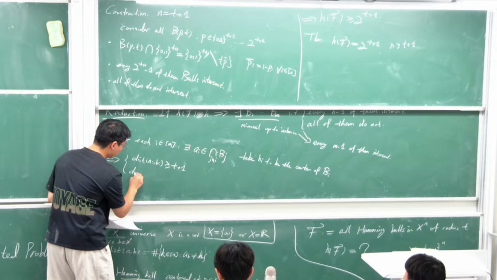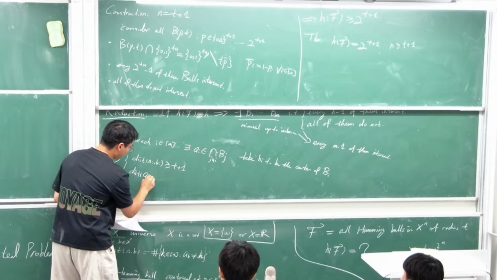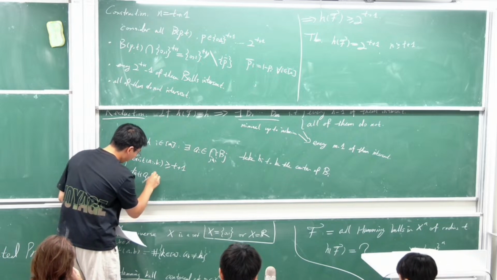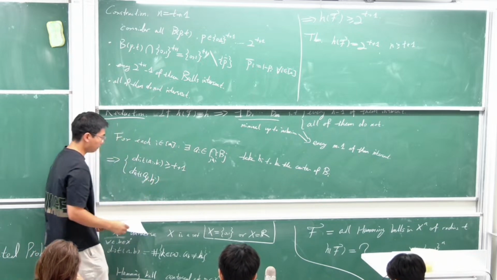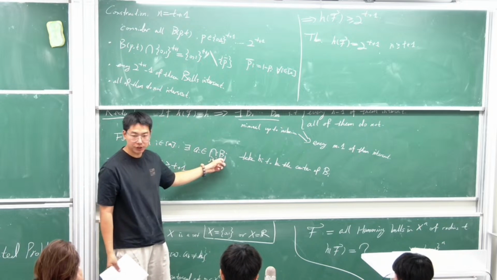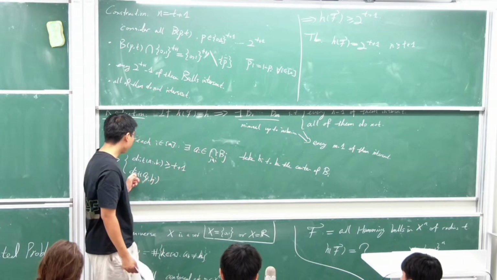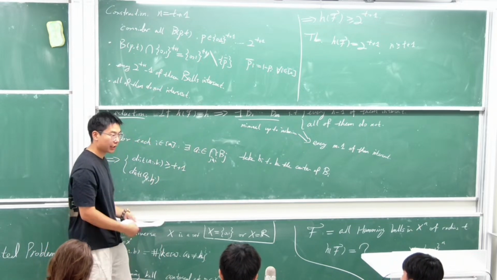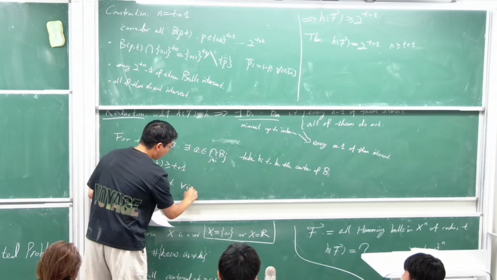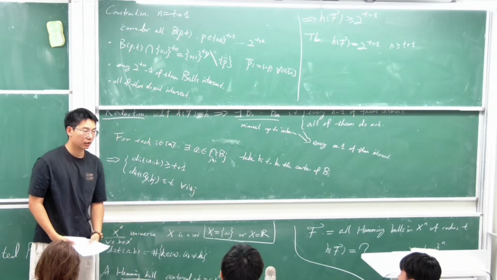However, if you compare any ai and bj, then we know that ai is in the ball of capital Bj. Therefore, the distance of small ai and small bj should be at most t. This works for any i distinct from j.